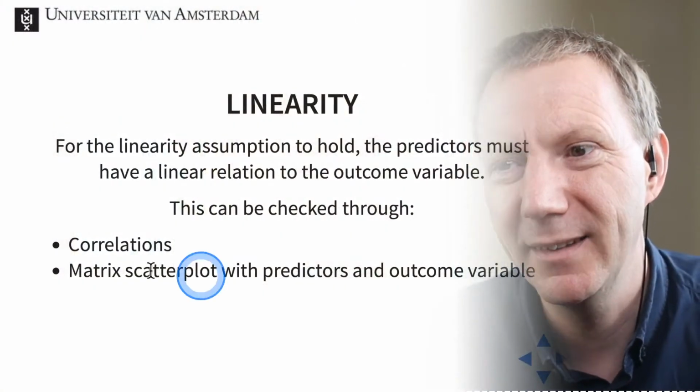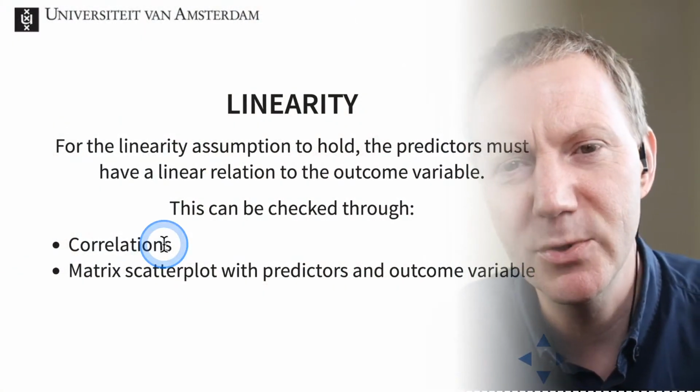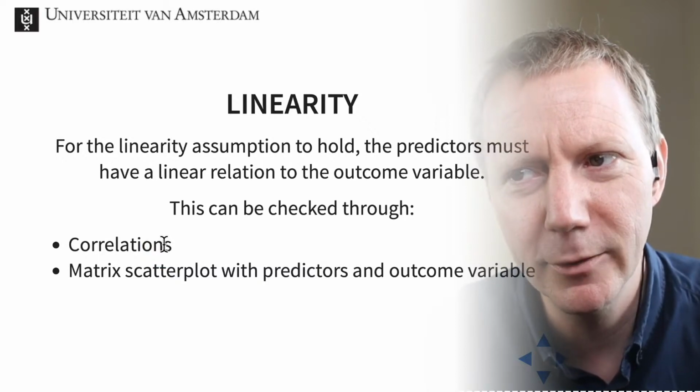That's not logical. You shouldn't do that, right? So in those cases, you should deviate from linear regression and go to other kinds of regression, so maybe log linear regression, or maybe logistic regression. There are other options. But if you are looking at linear regression, then this assumption should hold. There should be a linear relation.